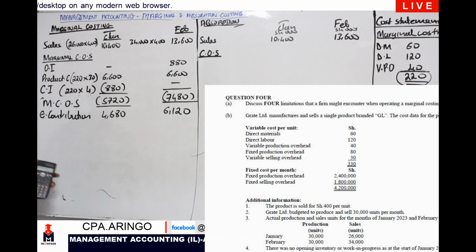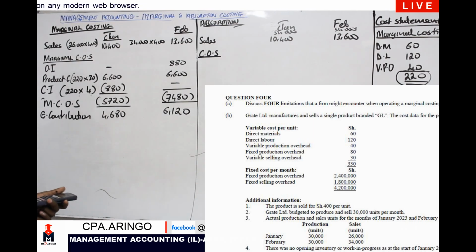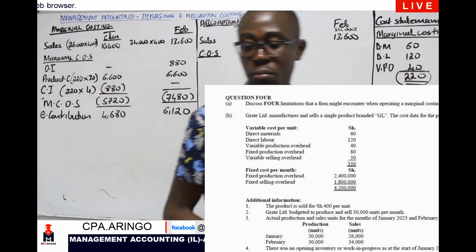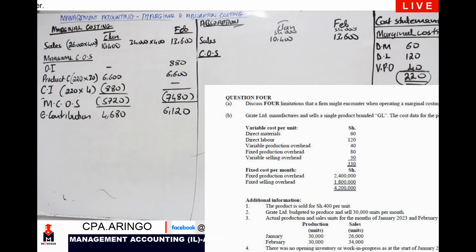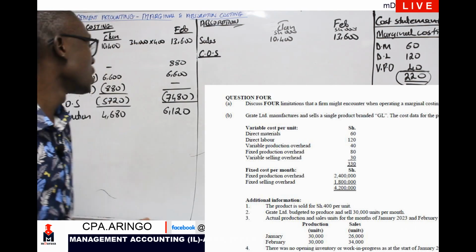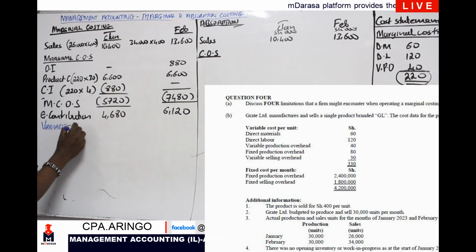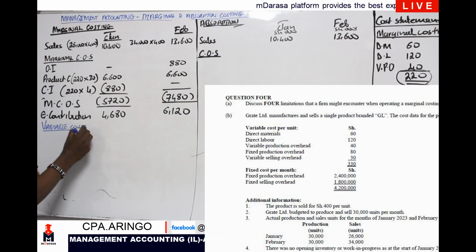So after that, when I'm dealing with marginal costing, I should remember that I'm supposed to consider what we normally refer to as our variable costs, the other variable costs that you're having. In this case, what variable cost did we have?